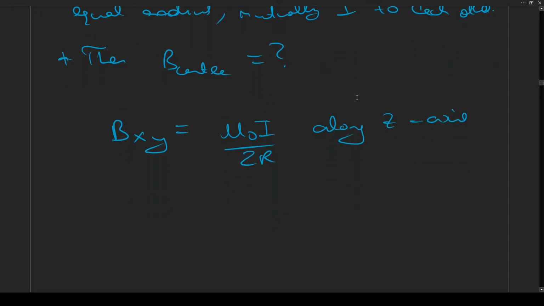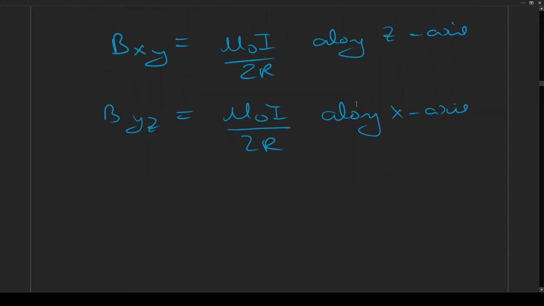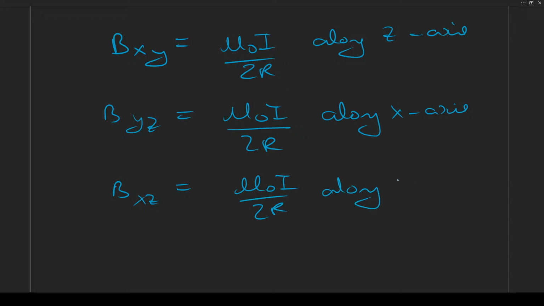And as for B_YZ, which is also mu naught I by 2R along X axis, and B_XZ or ZX is equal to mu naught I by 2R along Y axis.